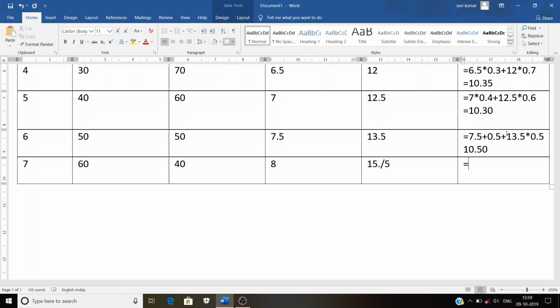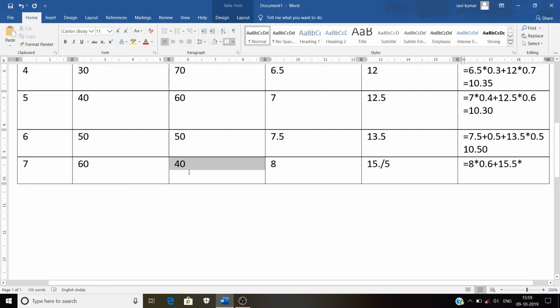In the last case, the seventh case, you multiply 8 that is cost of debt with weight of debt that is 0.6, plus 15.5 that is cost of equity multiplied by weight of equity that is 40.